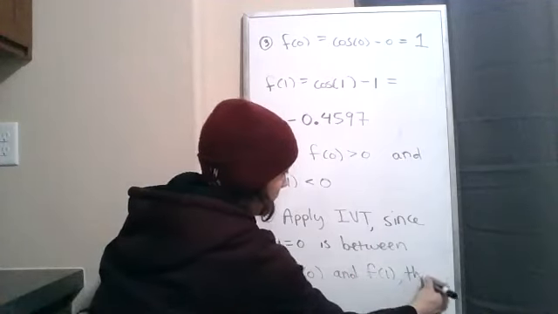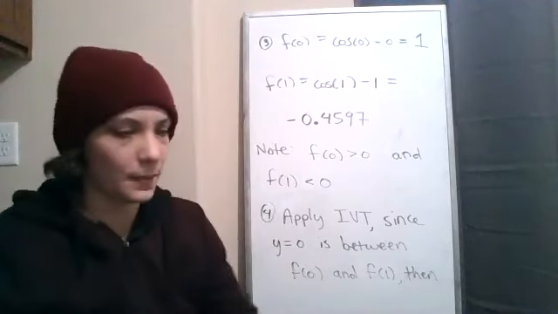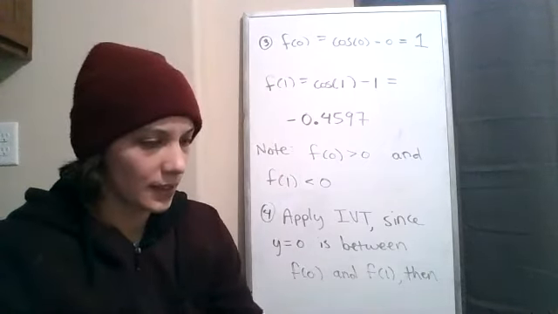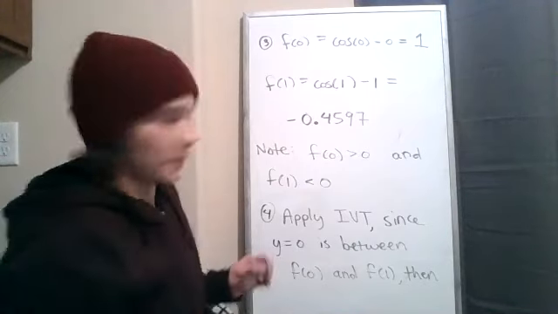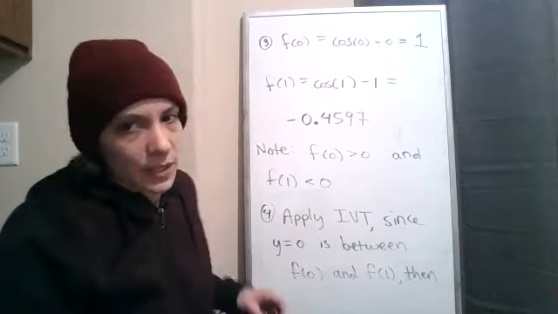Then there exists a number c in the set 0 to 1 such that f of c equals 0.